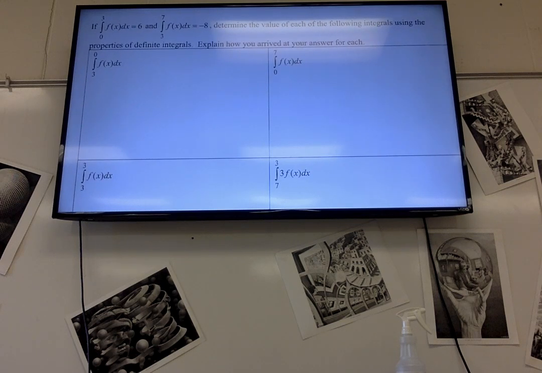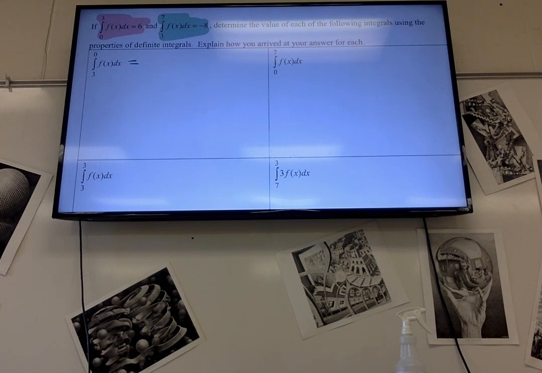Okay, so if the integral from 0 to 3 of f of x dx equals 6, determine the value of each of the following integrals using the properties. All right. So notice what's given. You're given that one, and the other. But of course, you know that's not what we need.